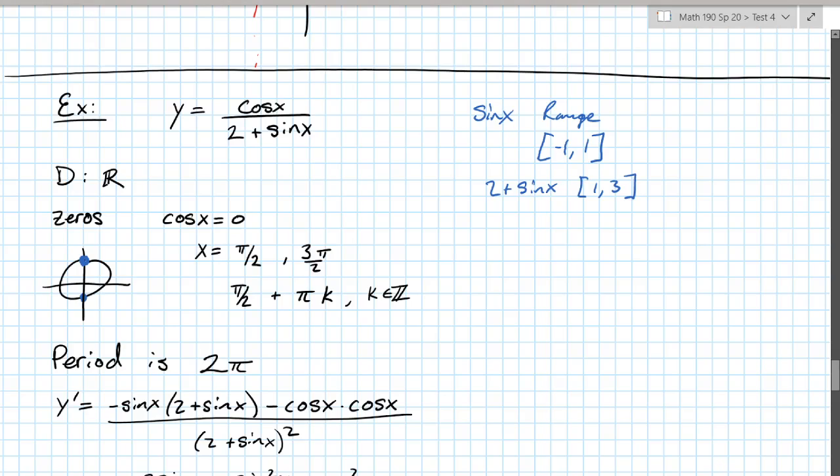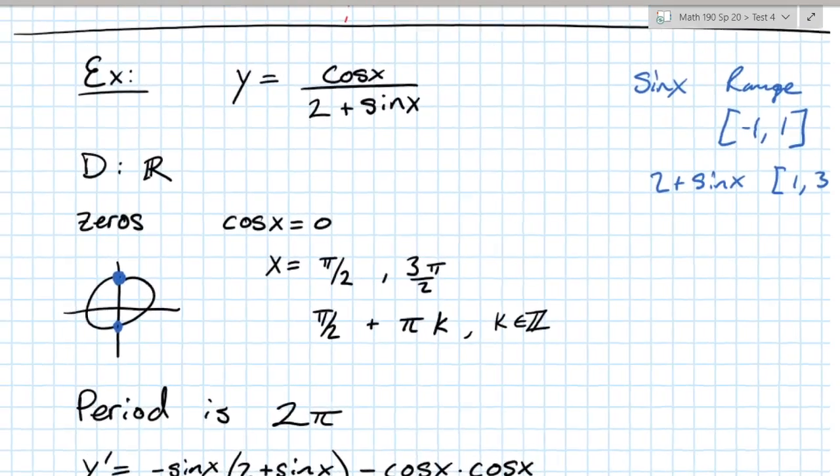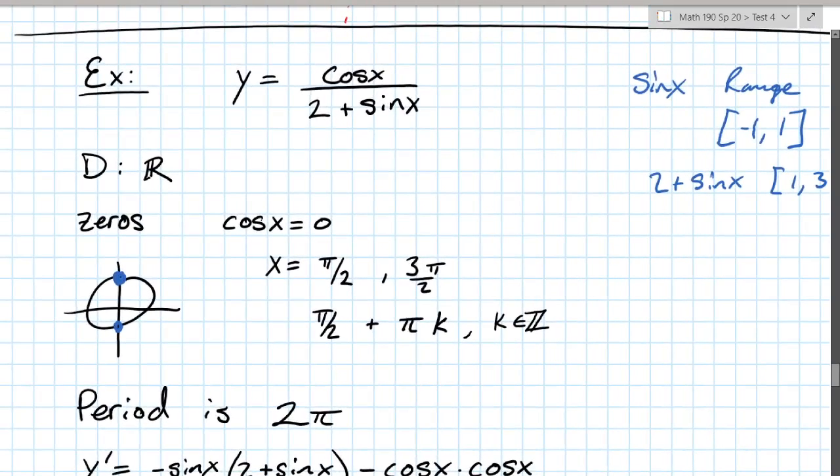We notice that to find zeros, we just have to set the numerator equal to 0, which is the cosine of x. Recalling your unit circle, if we think of our angle theta, we know that the cosine of our angle is the x value on the unit circle, so the x is 0 on the top and the bottom of the unit circle, so there are zeros at pi/2 and 3 pi/2.